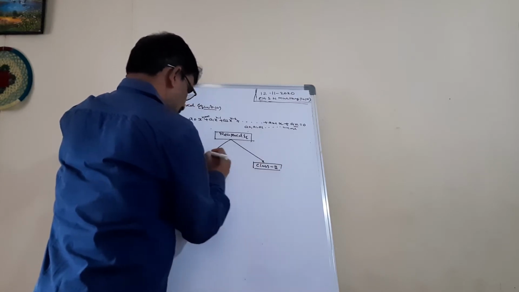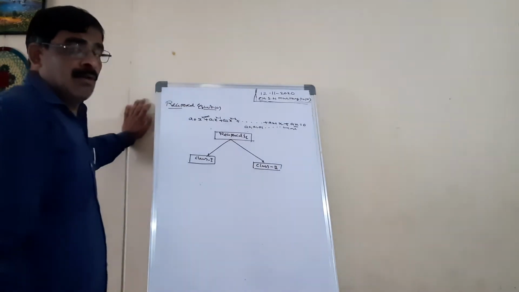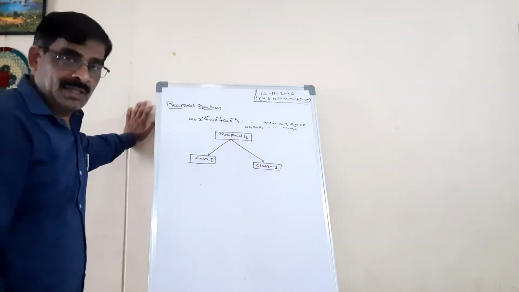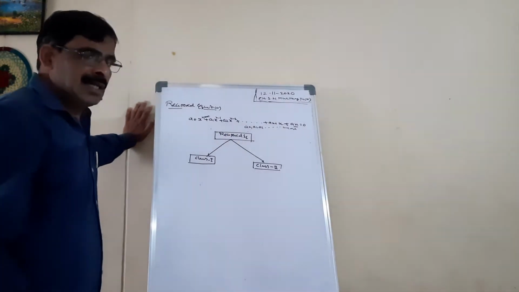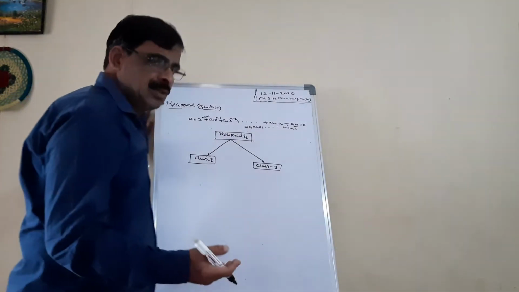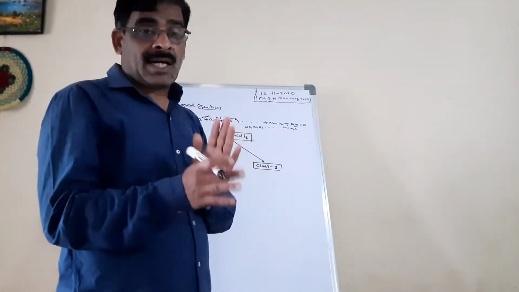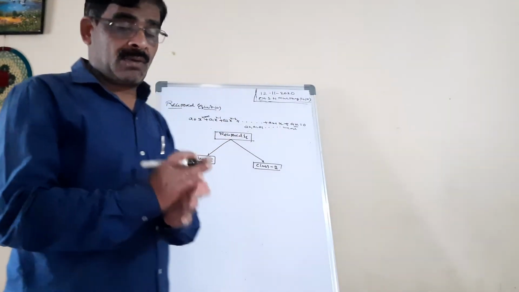When can we say it is class 1, and when class 2? How can you recognize whether the given equation is class 1 or class 2?